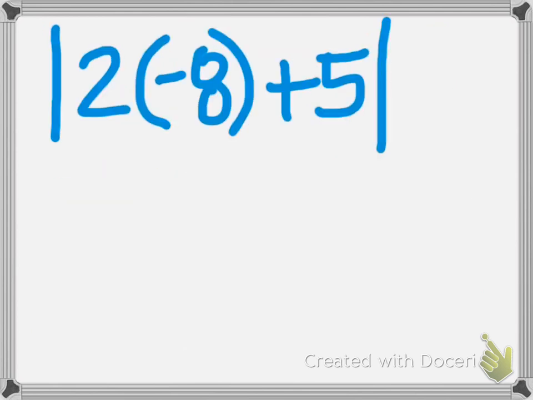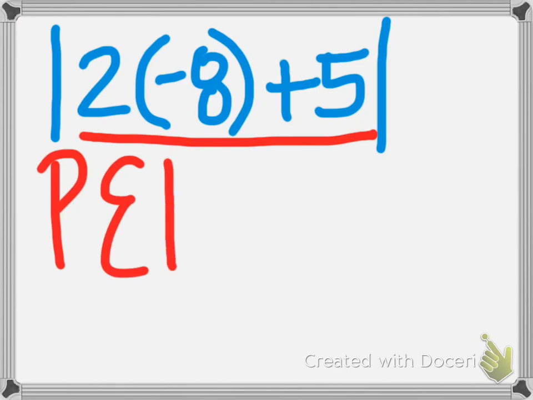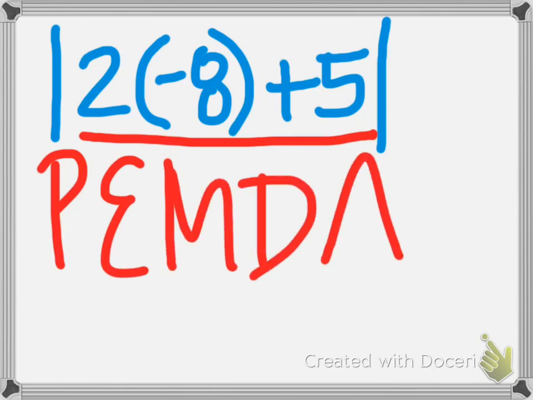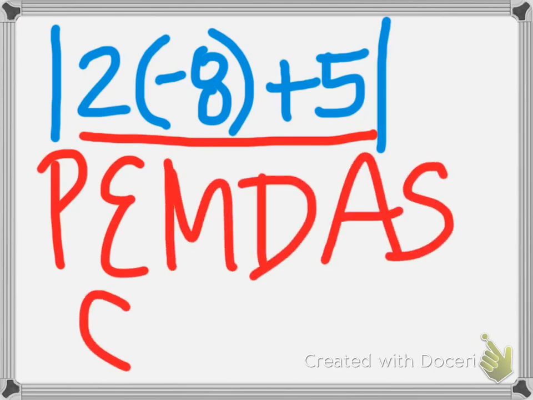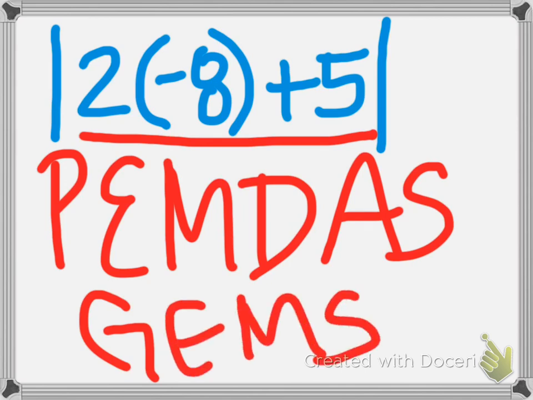Well, what about if we have multiple processes inside the absolute value symbols? That just means that we're going to work the inside of the absolute value using PEMDAS, order of operations, or actually GEMS, like we discussed in class before, because the absolute value symbol, the two lines, acts as a grouping symbol.